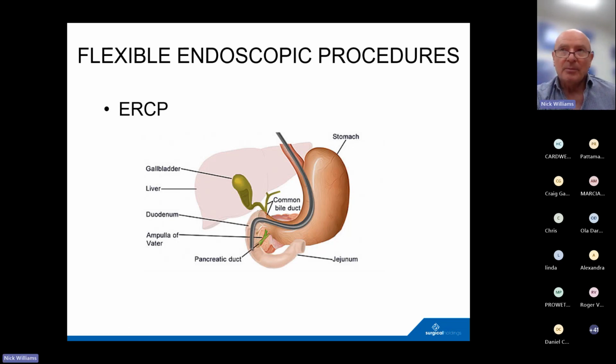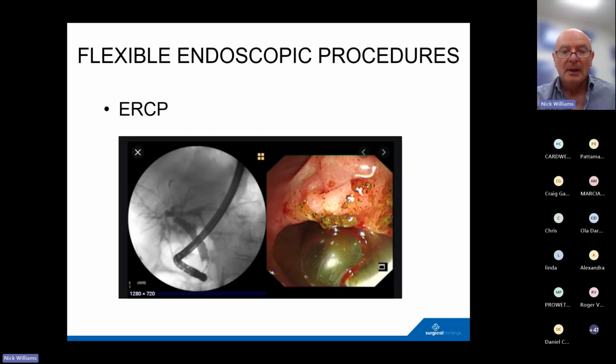That's another example of how, certainly, companies used to have diagnostic duodenoscopes and therapeutic duodenoscopes, therapeutic being much bigger. Now I would imagine there's hardly any diagnostic scope sold. It's almost always sold as a therapeutic scope. So again, illustrative of how more and more therapy is done through the scope.